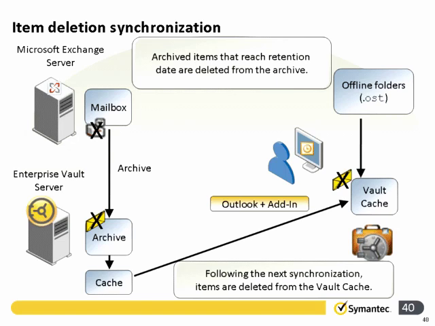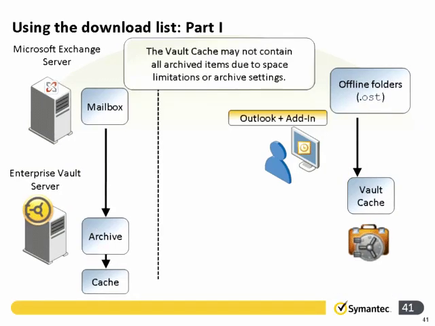Now, we've been alluding to this download list concept. The idea is, based upon the configuration settings associated with the Vault Cache size or the server-side cache, I may not have everything in the Vault Cache. So I may need to periodically access items that have been archived but are not in the Vault Cache.